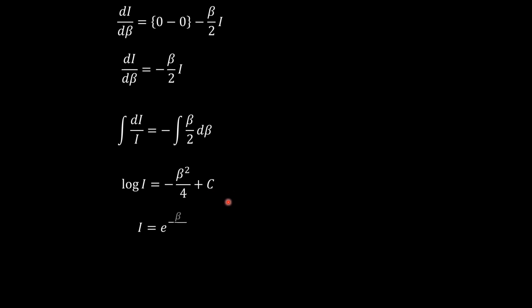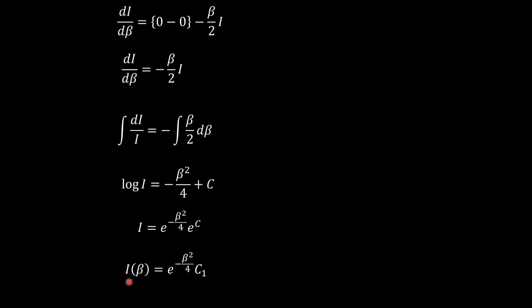So raising everything to the power e, we have I on the left hand side being equal to e to the power negative beta squared over 4 times e to the power c. So this e to the power c is just a constant. We can represent that as a constant c1 rather.